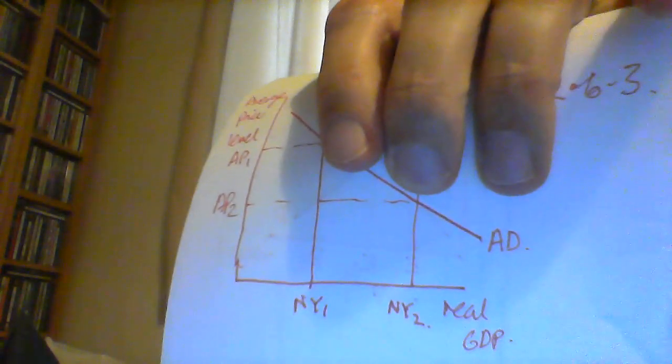I'm not saying everybody's in this position, but maybe some are. If you can get people who are currently economically inactive to start actively seeking work, then what that will do is increase the supply of labour, as this diagram shows there.